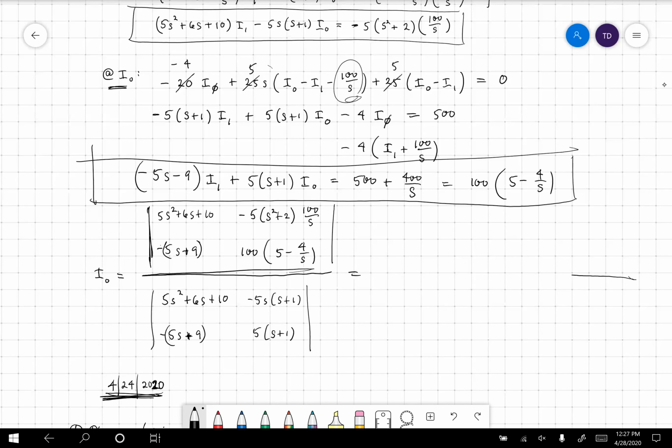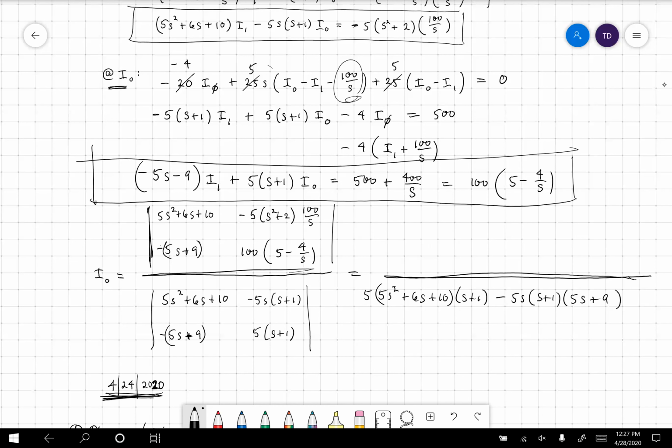Okay, here comes the ugly math. So 5s squared plus 6s plus 10 times 5 times s plus 1, minus a minus 5s, s plus 1, and then 5s plus 9.